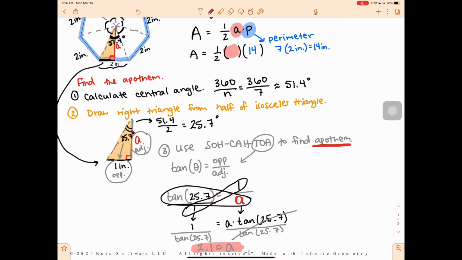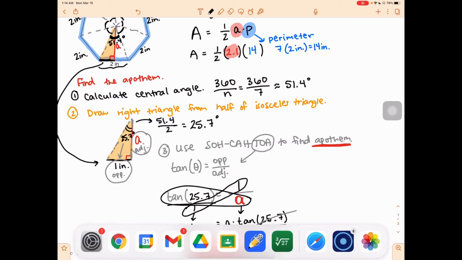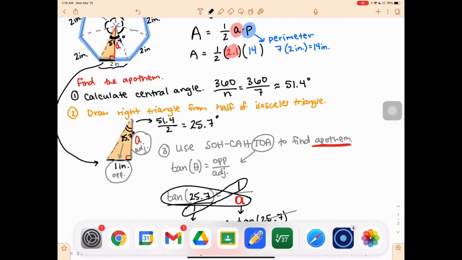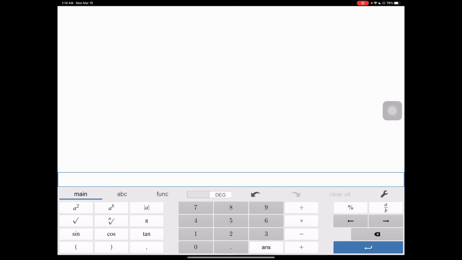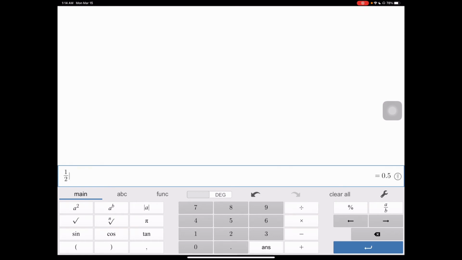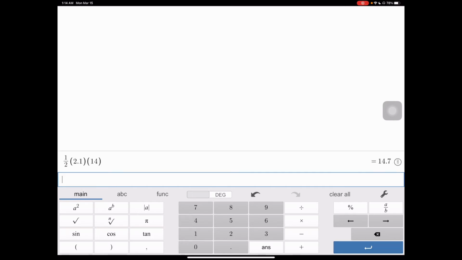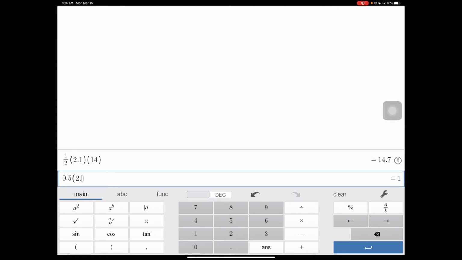All right, so our apothem here is 2.1. So now you can plug all that into a calculator. You can rewrite 1/2 as 0.5 if you want. So now we have 1/2 times 2.1 times the perimeter 14. And I'll show you, even if you did 0.5, you're still going to get the same answer because 1/2 is equal to 0.5.